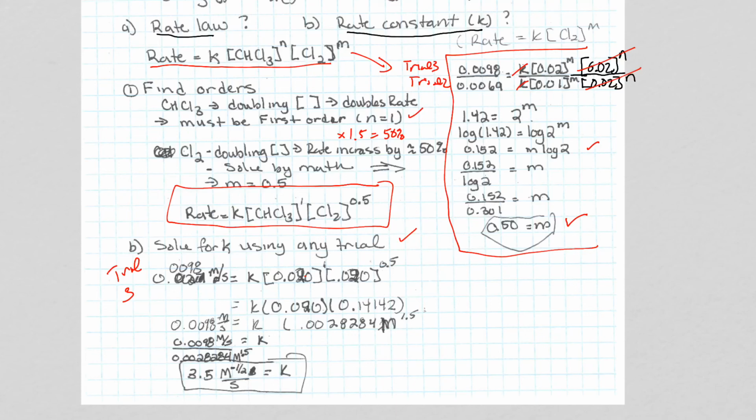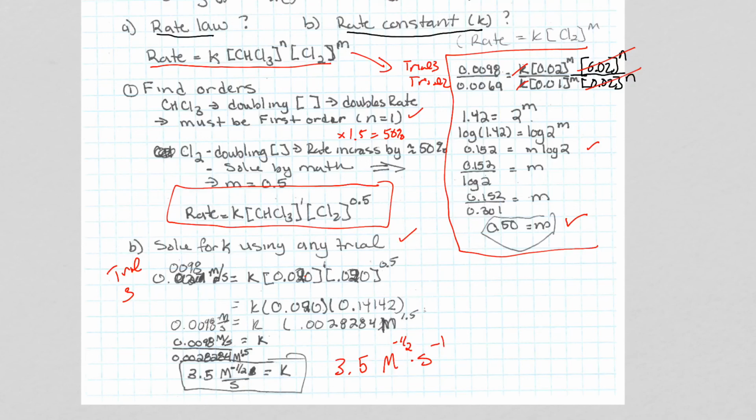So we get molarity to the minus 0.5 over seconds equals our rate constant. Another way you could write this out would be 3.5 molarity to the negative 1/2 seconds to the minus 1.